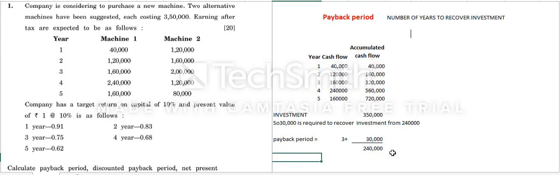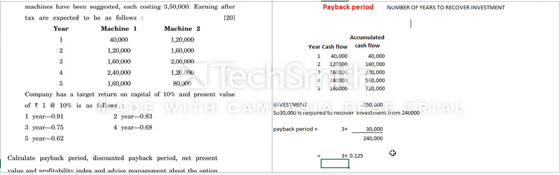Again 3 plus, and here what we get is 0.125. So the number of years taken by the company is 3.125 years to recover its initial investment, and this is for machine 1. The company is able to recover the cash flow after 3.125 years.